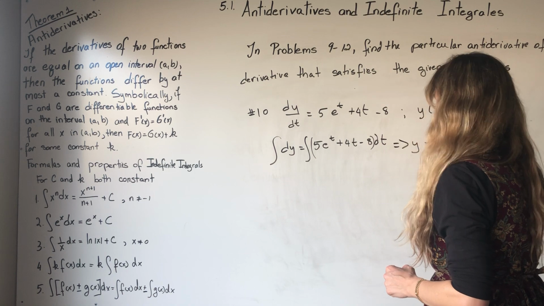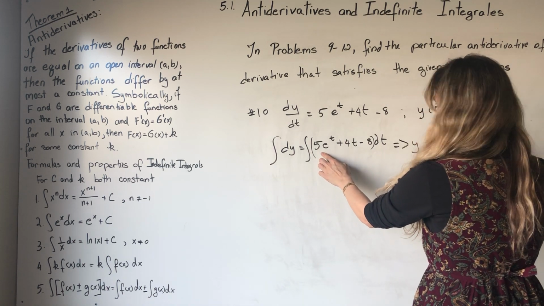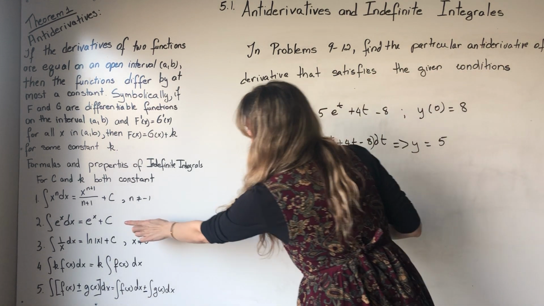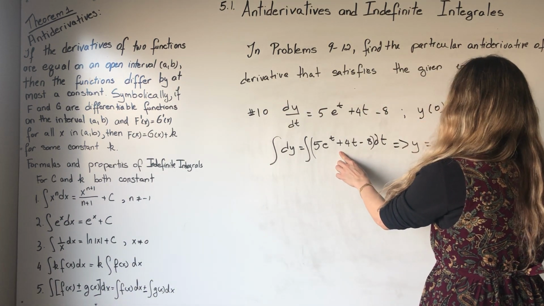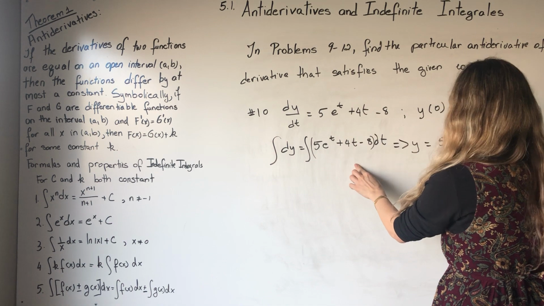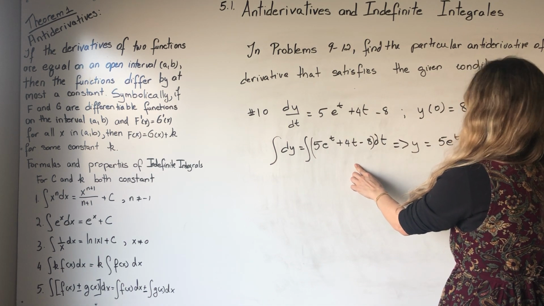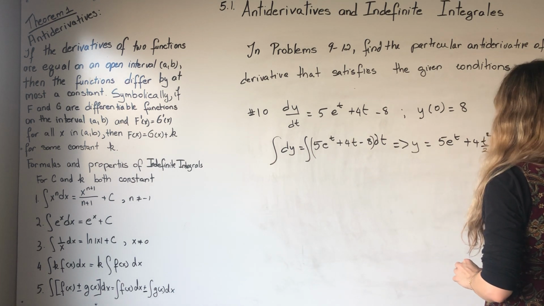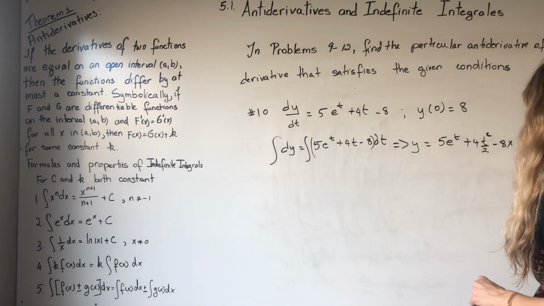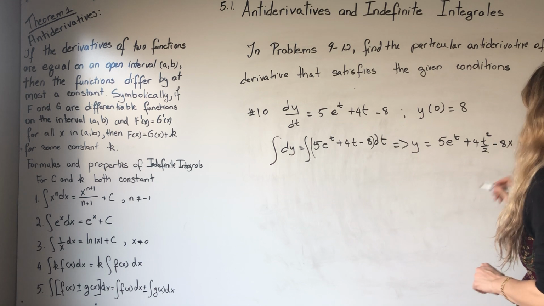So we have y is equal to 5e to the t. By number 2 we know it's e to the t. Plus 4, we have t to the first power, so it will be t squared over 2. Minus 8, and then you put x to the first power divided by 1, so it's just 8. Plus c.